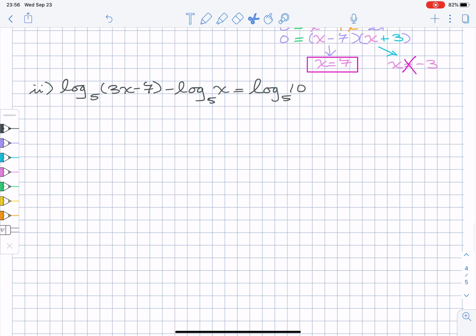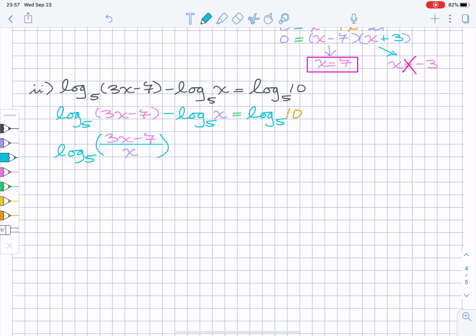So on the left, I can use the quotient rule. So what I get then is log base 5 of the quotient. The positive guy, 3x minus 7, will be in the numerator, and the negative guy's argument will be in the denominator.